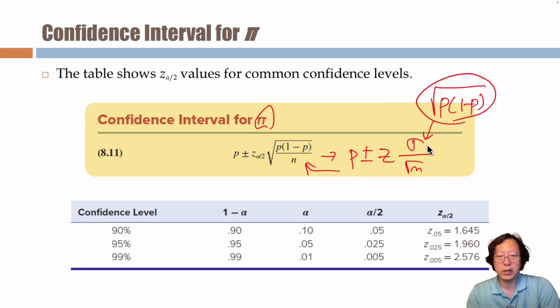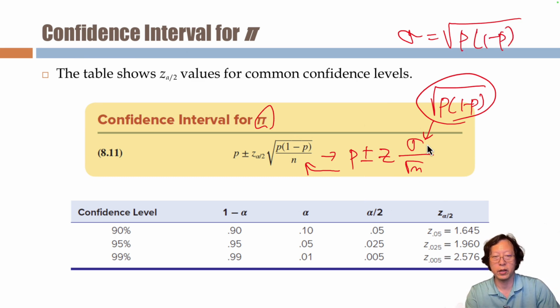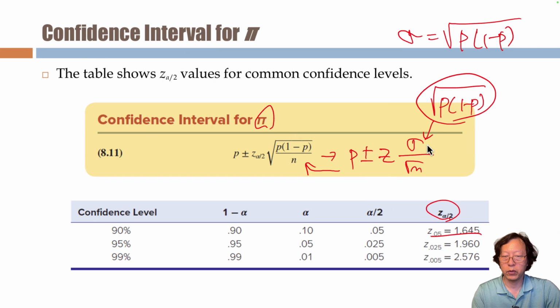So it looks like a totally different formula, but actually you just replace from the previous confidence interval, sigma is the square root of p times 1 minus p. Then you will get exactly the same confidence interval formula. So you use the same z for the same confidence level, right?